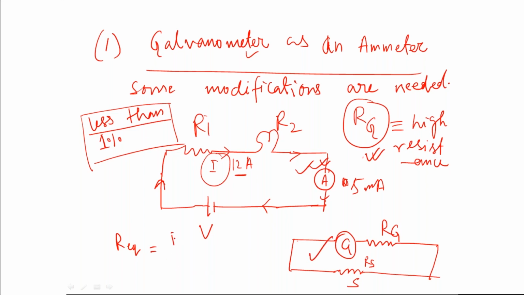Now, if Rg is much greater than Rs, what will this equivalent resistance be? Since Rg is much greater than Rs, I can cancel these terms. You will get the equivalent resistance of this whole combination of shunt and galvanometer as Rs.